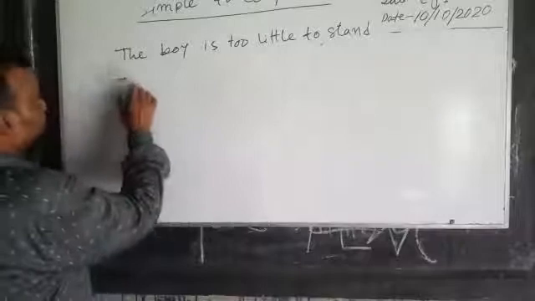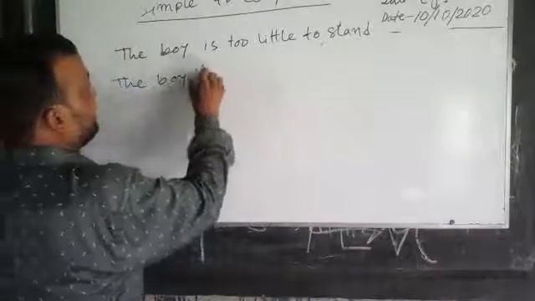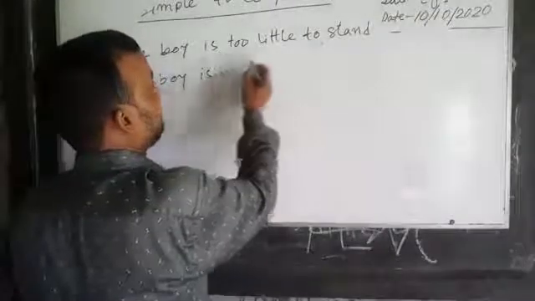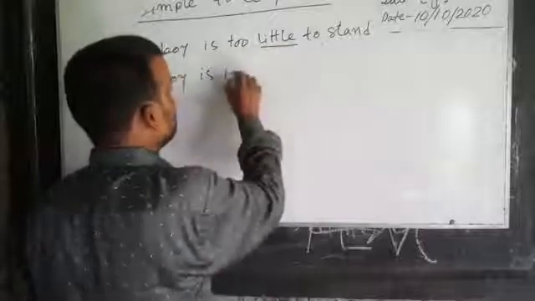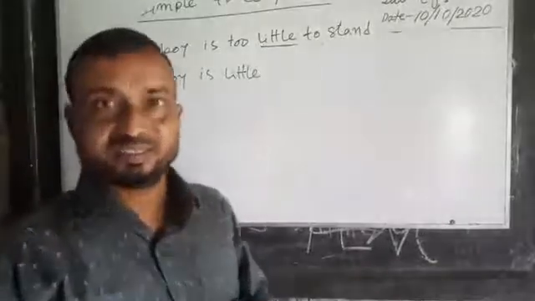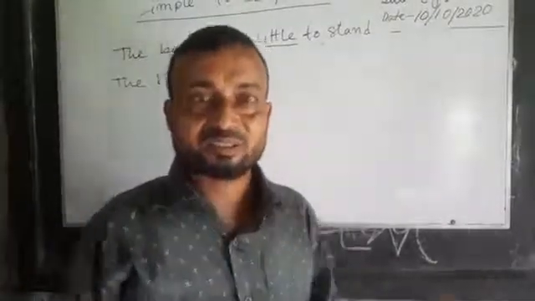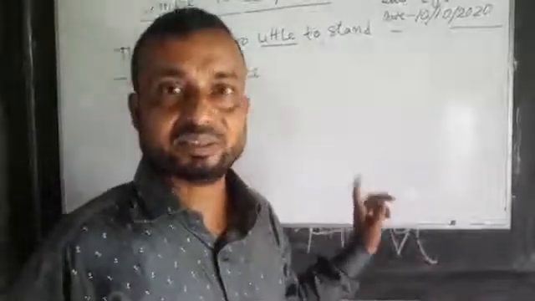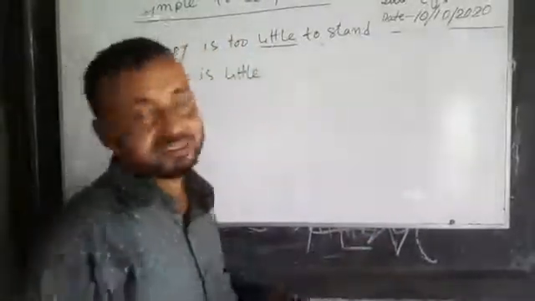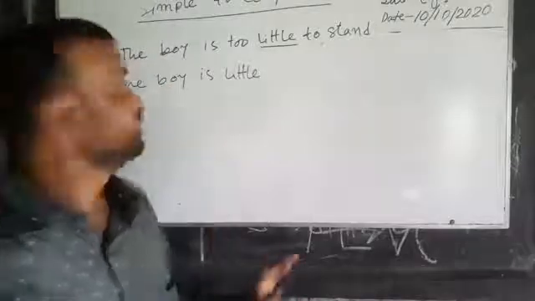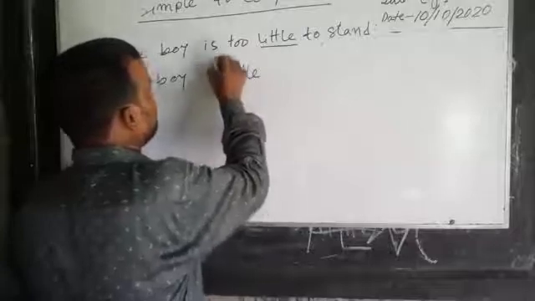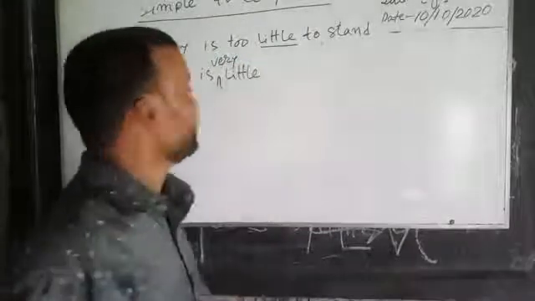The boy is, after the verb we have to use the adjective little. Now we have to use a connector here. What type of connector do we use here, and or what? The boy is little. We can use very in lieu of too. The boy is very little.